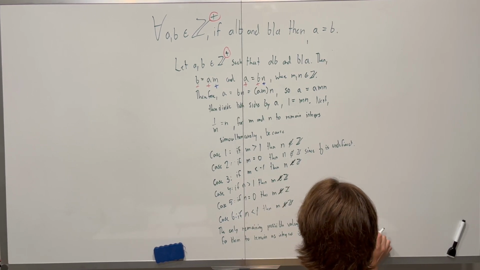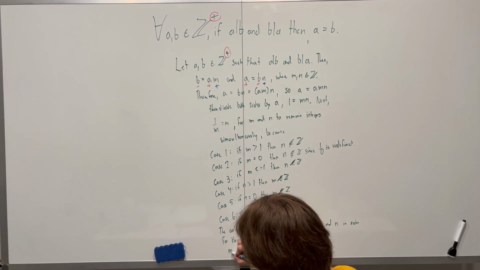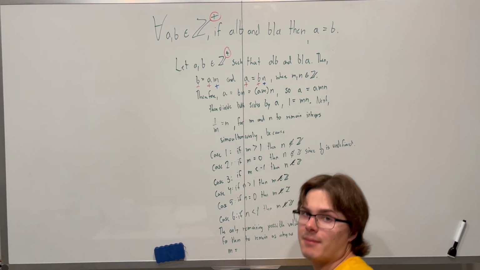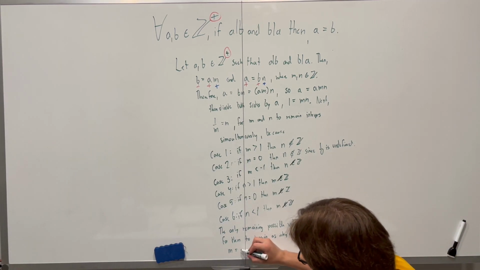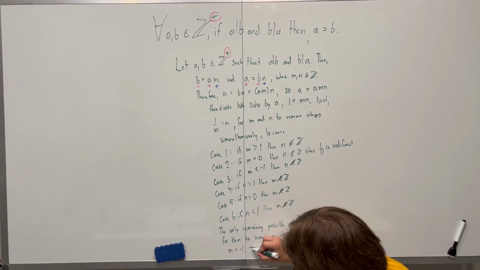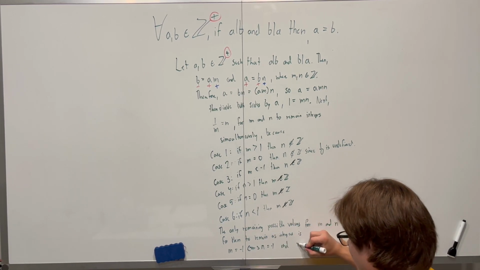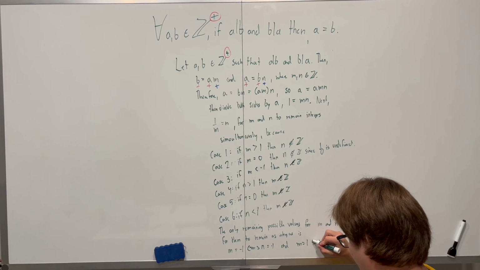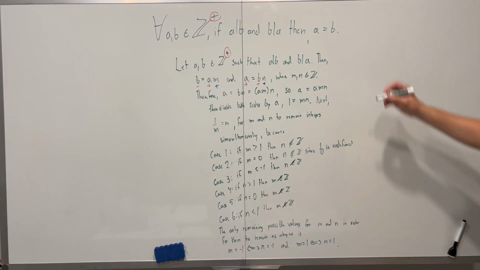Or actually, you know what we can say here? We can use an if and only if. Let me quickly check that this is on camera before I write this down. We can say m is equal to -1 if and only if n is equal to -1, and m is equal to 1 if and only if n is equal to 1. Full stop.